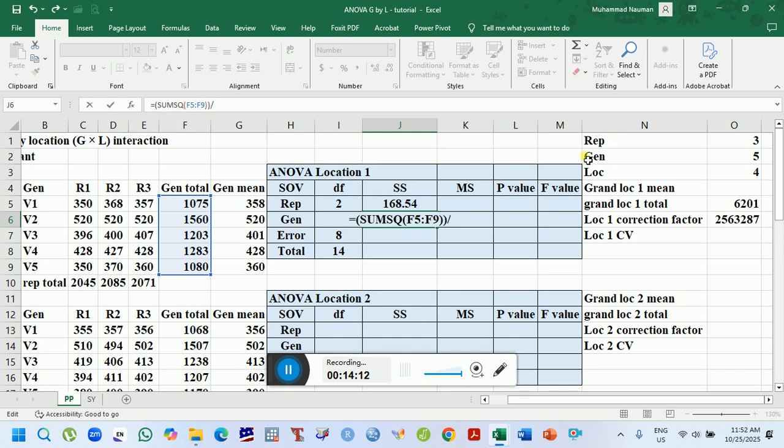When we calculated the replication sum of square, the genotype was in the denominator position. Now we are calculating the genotype sum of square, so the replication will be at the denominator. Place the dollar signs.